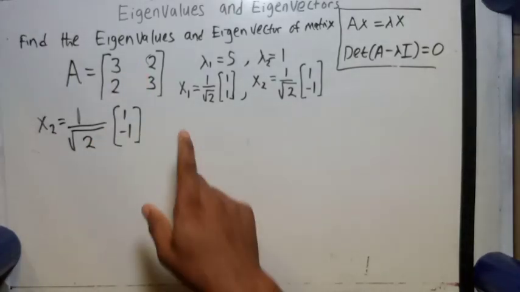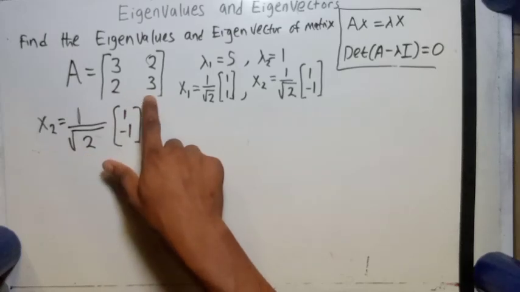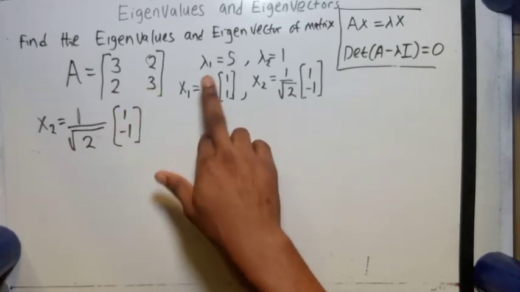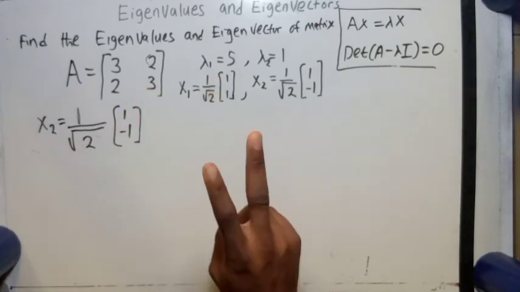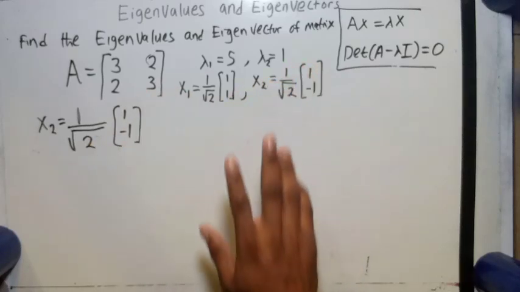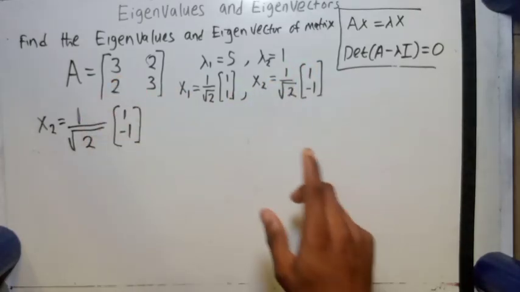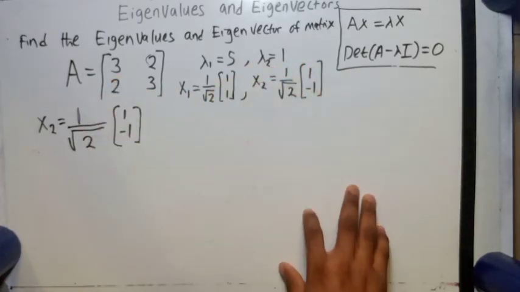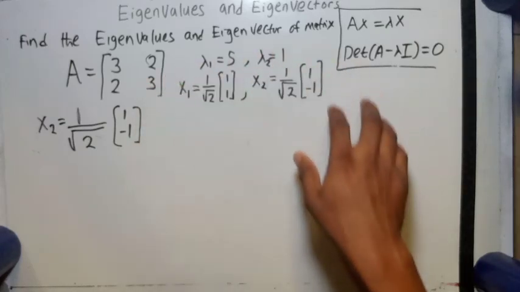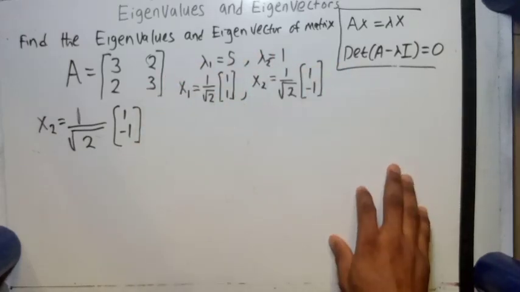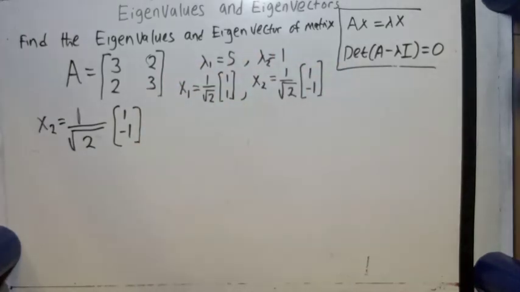Your A is 2 by 2, so definitely you will have 2 eigenvalues. If it's a 3 by 3, you will have 3. If it's a 4 by 4, your eigenvalues will be what? 4. And 4 eigenvalues means 4 what? Eigenvectors.